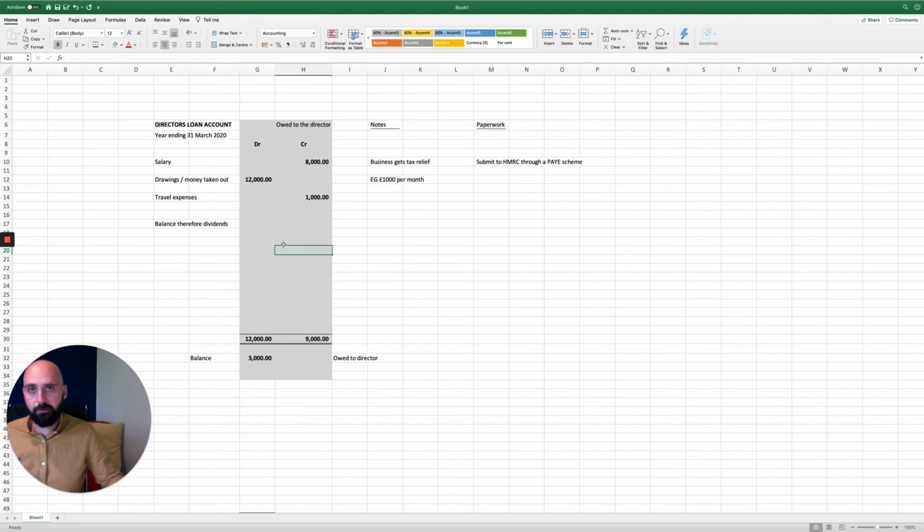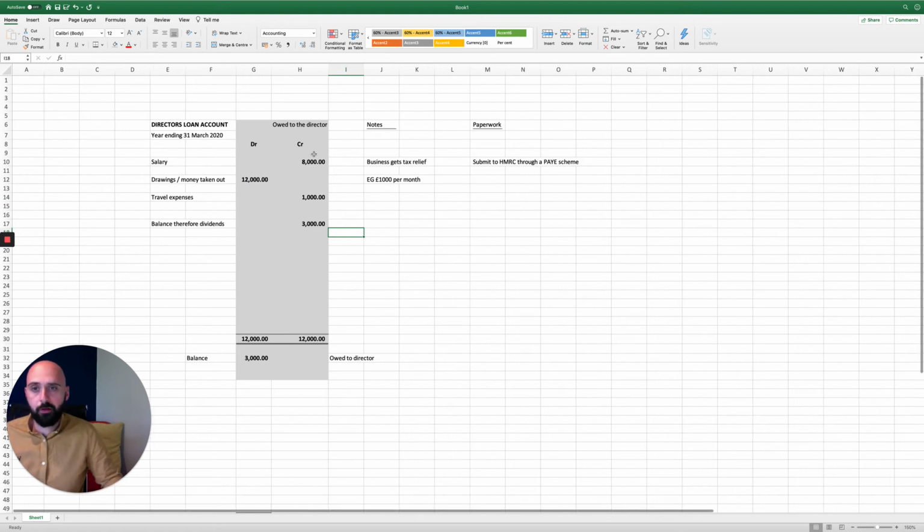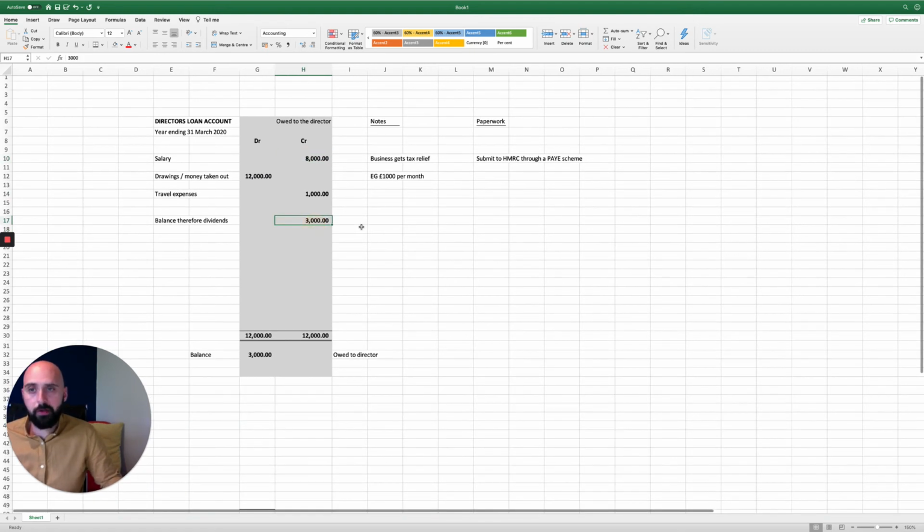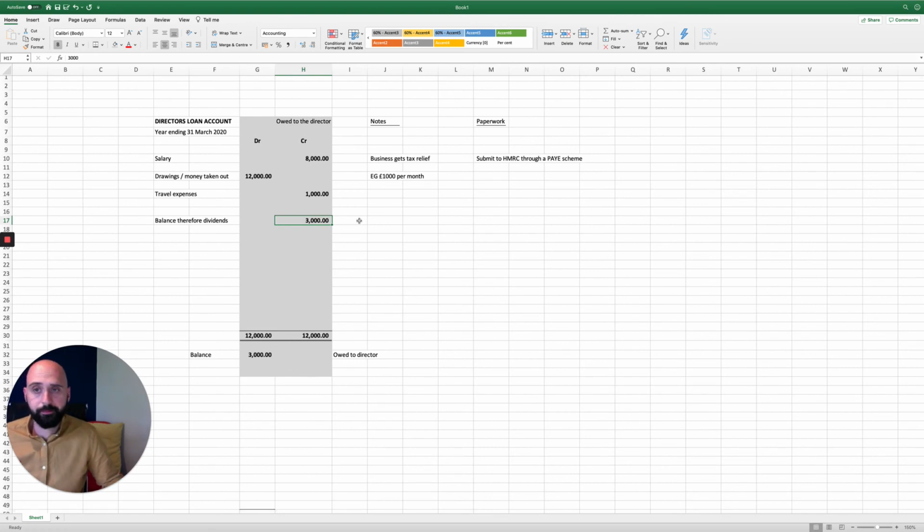You could call it a dividend. So we'd balance it off and say, right, you've taken 12 out, we know that 8 was salary, 1 was expenses, so the rest has to be a dividend. So on your personal tax return in this example, you'd have £8,000 salary and £3,000 dividends.